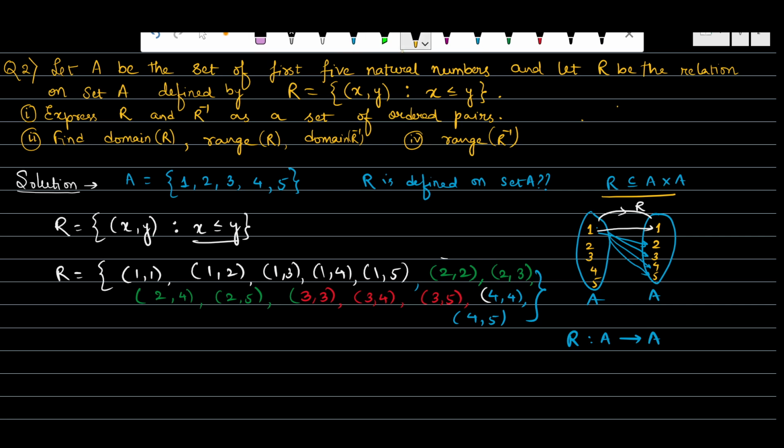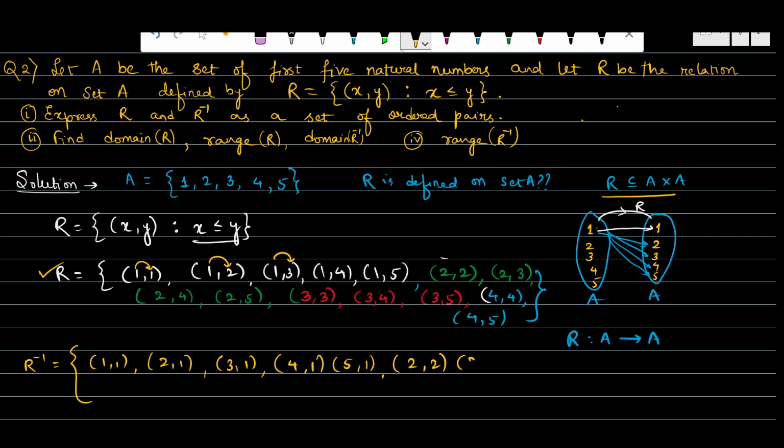Now we have found out R. Now can we find out R inverse? Yes. How? Just interchange these positions. (1, 1) remains the same as you interchange, but if you interchange these two positions, this becomes (2, 1). If you interchange, this becomes (3, 1), (4, 1), (5, 1).